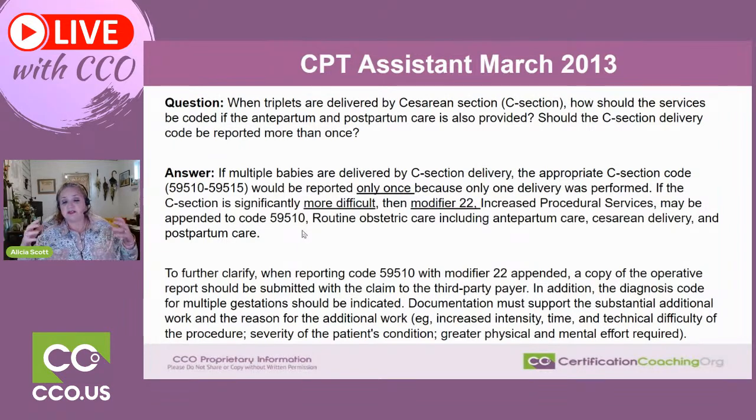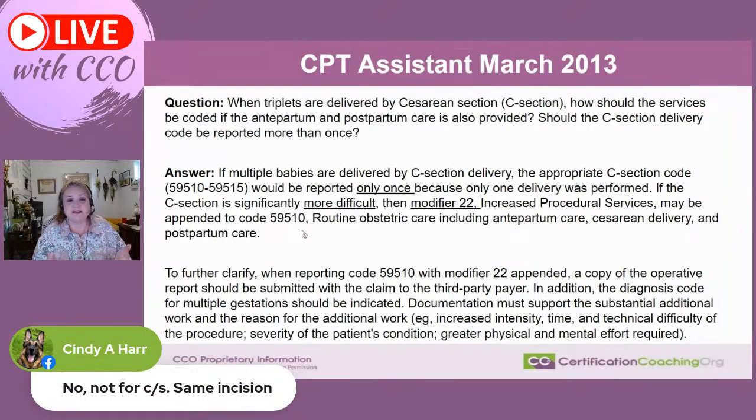The C-section isn't just the doctor pulling the baby out of the abdomen, it's prepping the mother, going into the abdomen, taking the baby out, as well as all the closing up. You don't do that multiple times, right? So, again, like Cindy says, a C-section is one incision, it's not multiple.